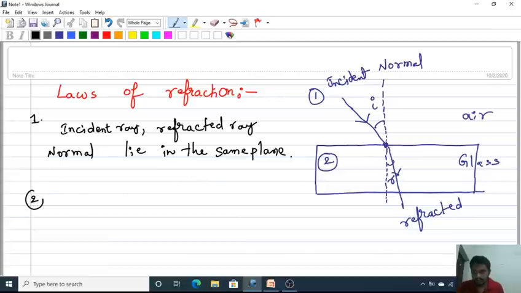The second law gives the relation between the angle of incidence and the angle of refraction.